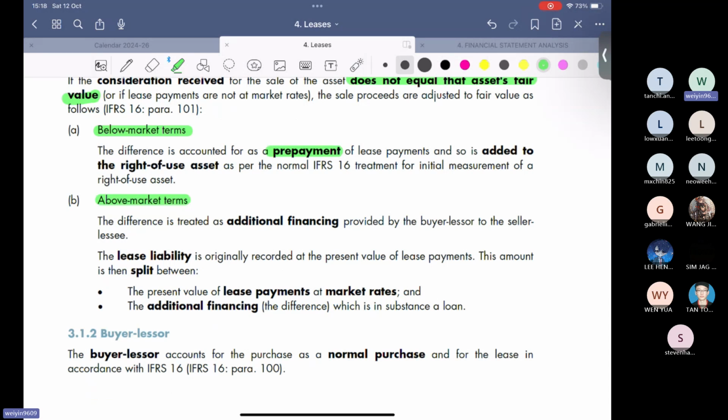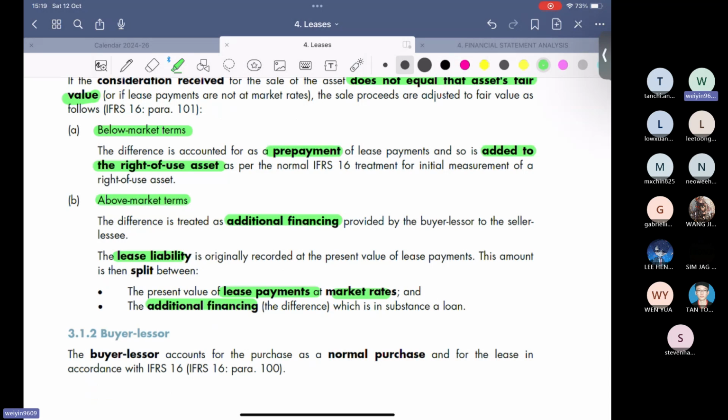So since it's a prepayment, you would add it to the right-of-use asset. If this is above the market terms, that means you sell at a higher price. Therefore, the additional amount that you received will be additional financing. So this additional financing will be added to the lease liability. Okay. This one.